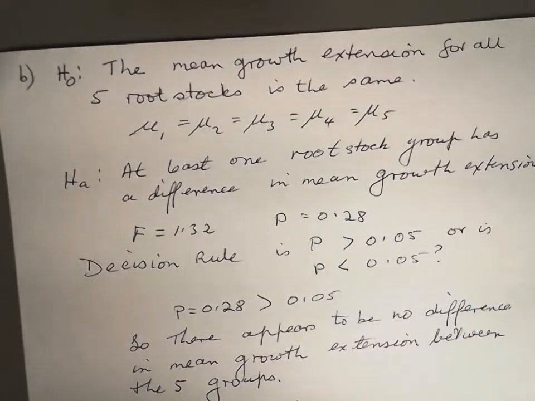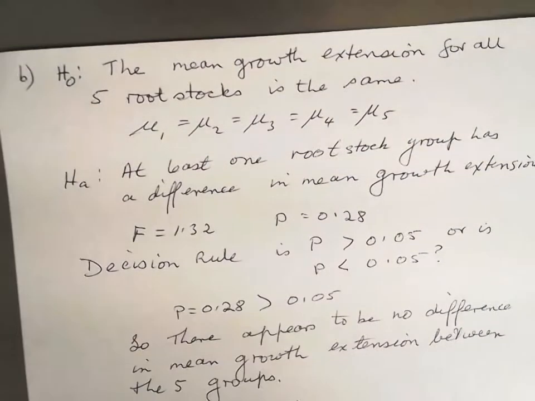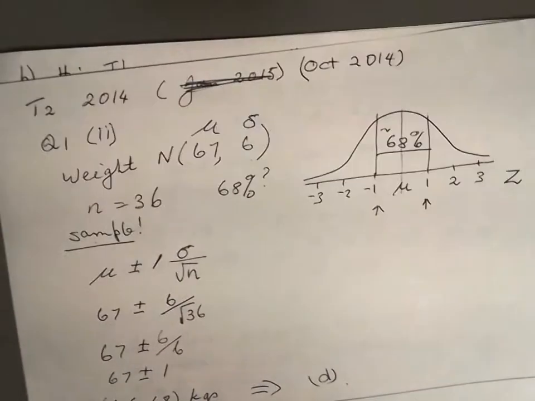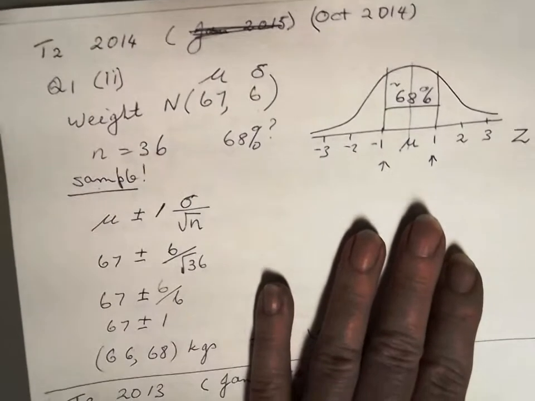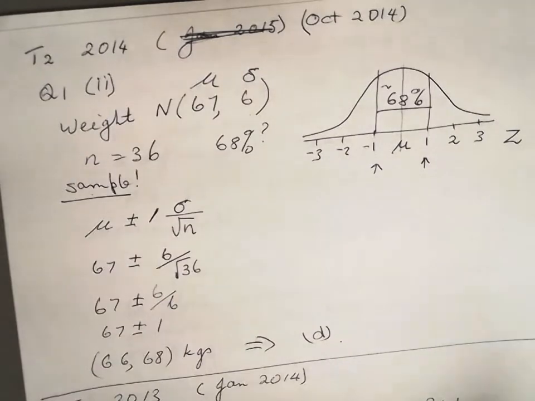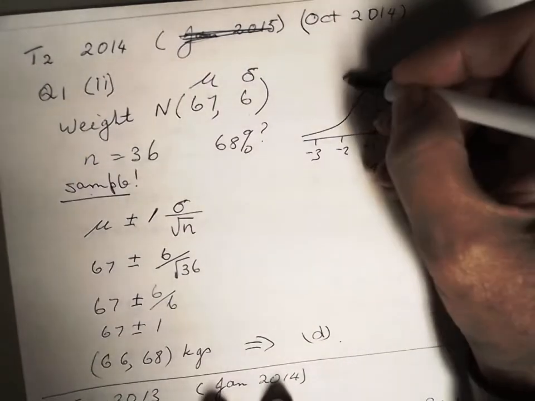Okay, so that is a quick run through and a revision on 2 topics. First of all, a revision on your normal distribution and what does 68% and so forth.